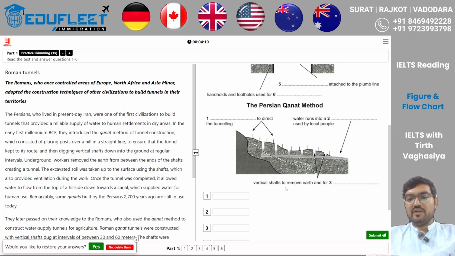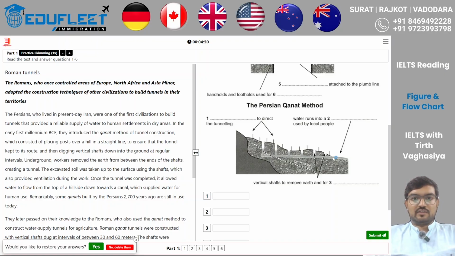Now, vertical shafts to remove earth and for something. These shafts are created to remove the earth. To remove earth means to remove the soil that we get while shifting process, and then they are also being used for another purpose as well. So we have to look at the second purpose of this shaft.